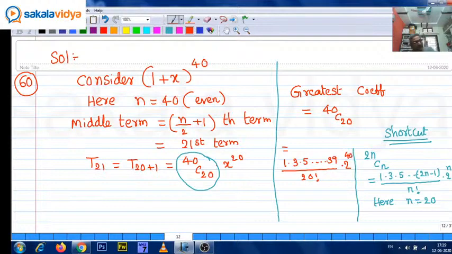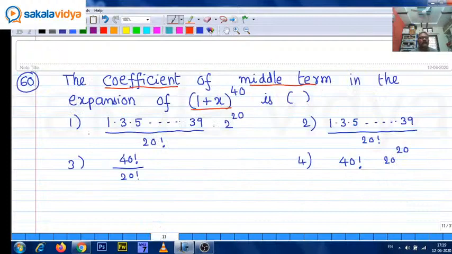So this is the answer. So the first option is the right option. This is equal to 40C20 itself only.